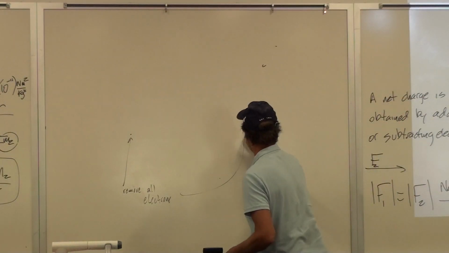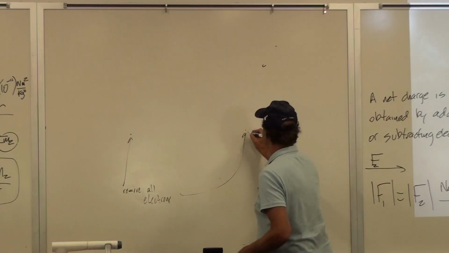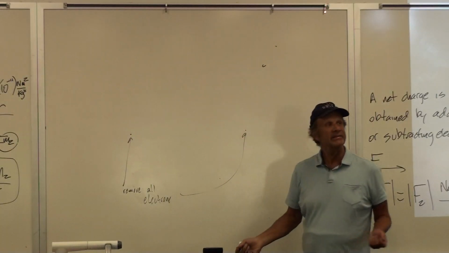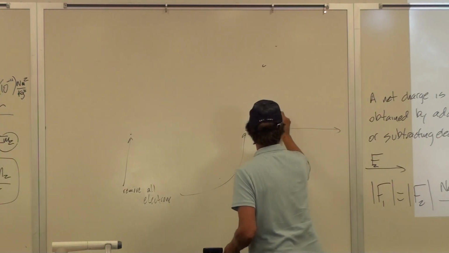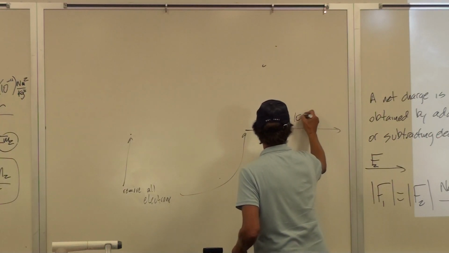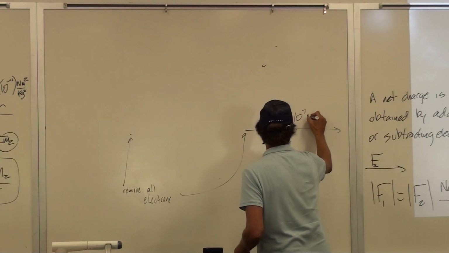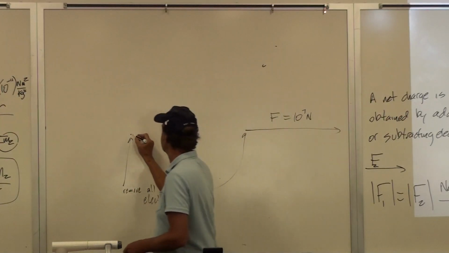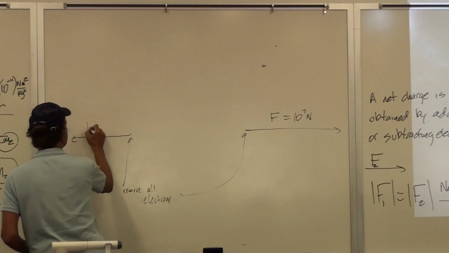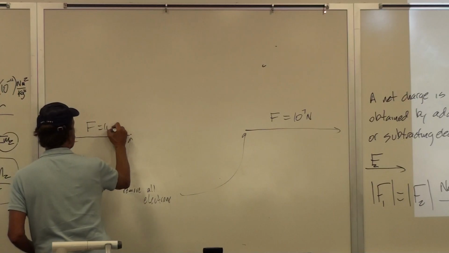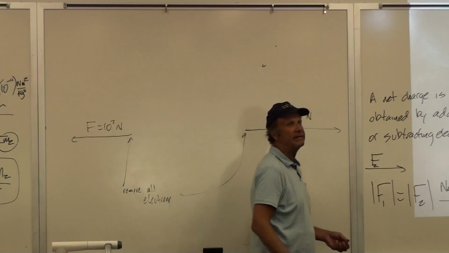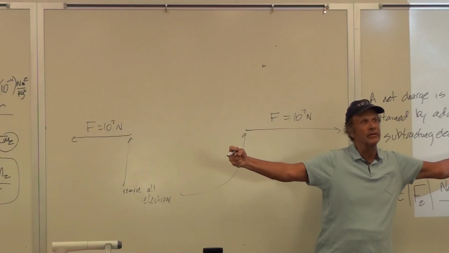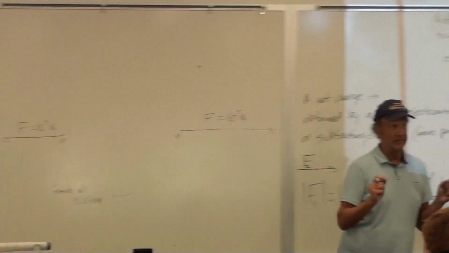But you remove all the electrons, and then you figure out the gravitational force: insignificant. But the electric force, F, is something like 10 to the 7th power newtons, something like 10 million newtons of force, which is millions of pounds worth of repulsive force, just from 2 specks of dust.